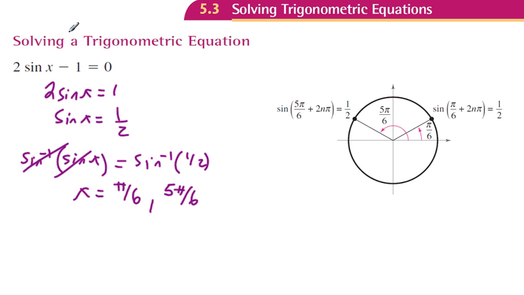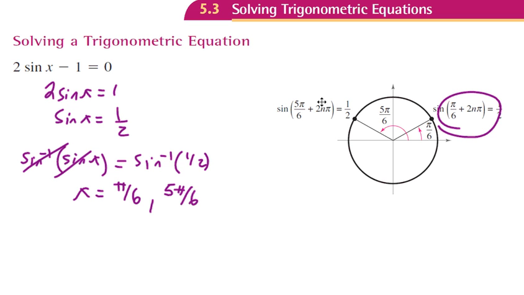Now it wants us to solve the trig equation, right? So yes, it's true, pi over 6 you can plug in, and so is 5 pi over 6. However, unit circles just don't stop there. If I'm at pi over 6, can I add 2 pi and I'm back at pi over 6, and then add 2 pi again, and again? I can keep adding 2 pi. So really, the way this is written, it's pi over 6 plus 2 pi n. If you just keep adding 2 pi, you're going to get all of the infinite solutions where you get 1/2.